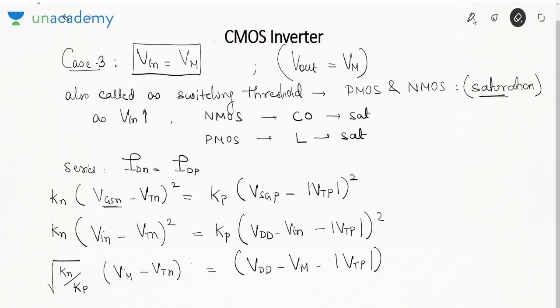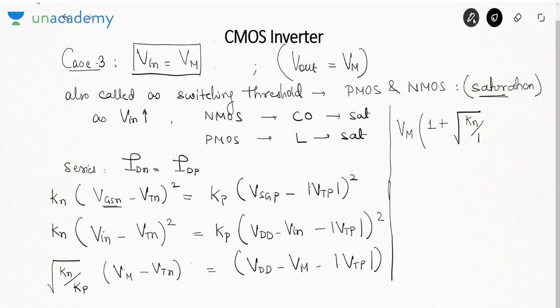Now in order to find the value of Vm, what will we do? We will combine the terms containing Vm on the left hand side. So Vm, if you take it on the left hand side, will be under root Kn by Kp. This should be equal to VDD minus mod VTP, taking this term on the right hand side, plus VTN under root Kn by Kp.